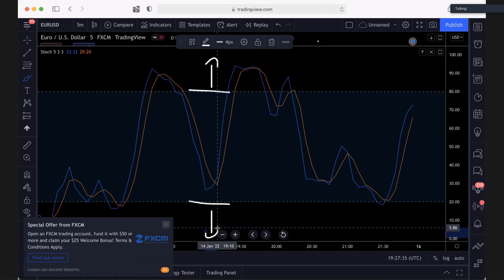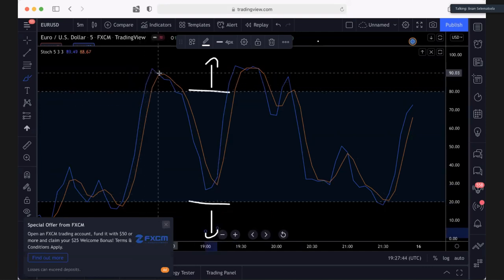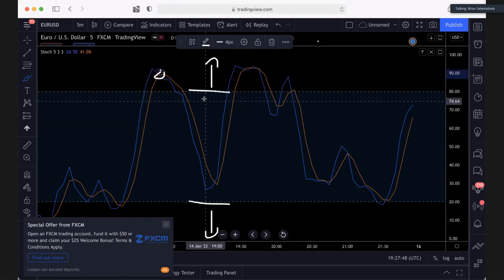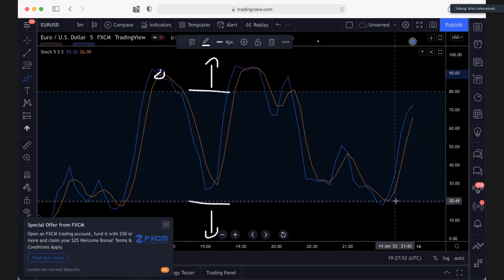Another thing, it is very important to see that this blue line is the one that normally crosses the orange line. It doesn't matter if the stochastic is going to the upside or to the downside.